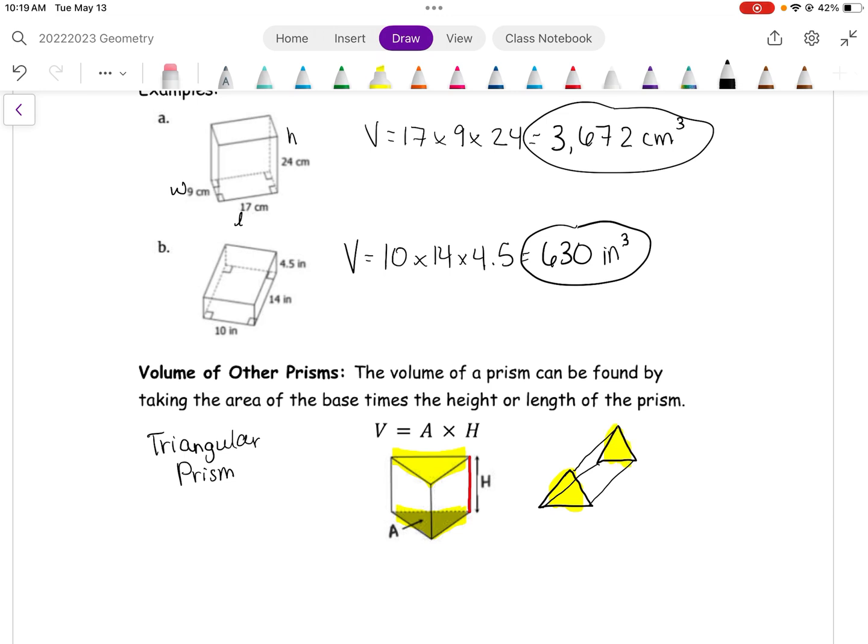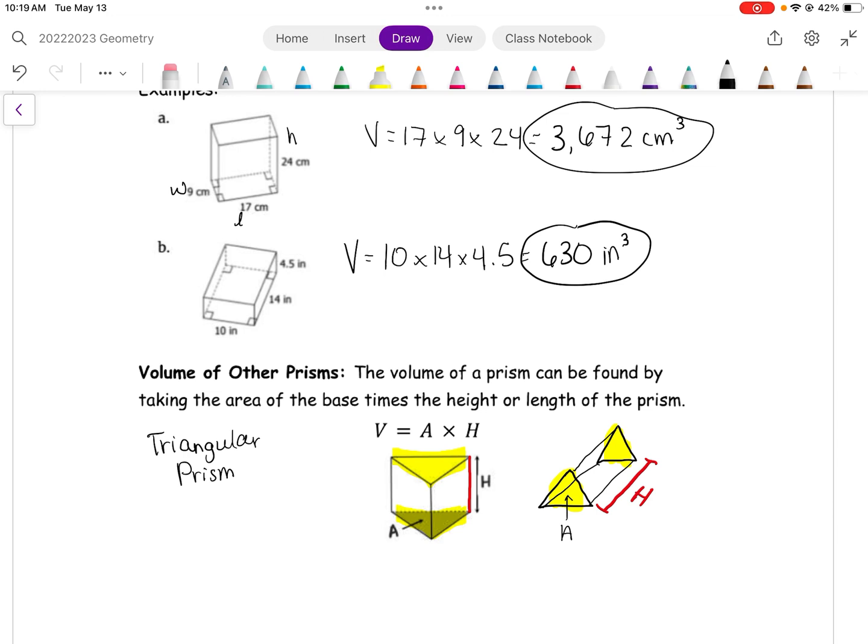So I'm going to label that, and you can pause this at any time to catch up with your writing. But that is now the area of my base, the front. And then my height, this is real weird. The height of the prism is also still the same measurement, but notice it's not up and down anymore. Now it's kind of like the length.